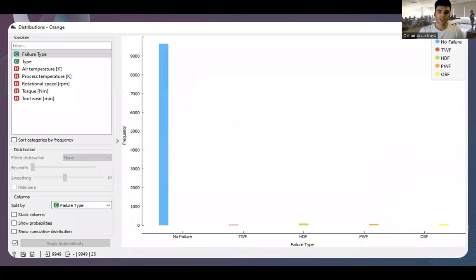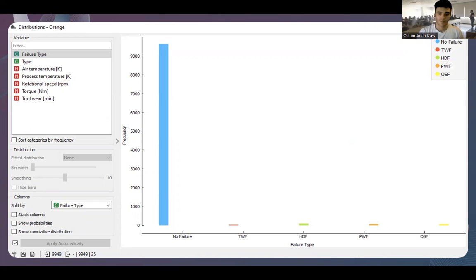Here you can see our new distribution variables and new targets. But our work was not finished here. You can easily see there is an imbalanced data situation. No failure values are almost 97%, and the other 4 failure types only 3% in total. We need to solve this problem and balance the data.